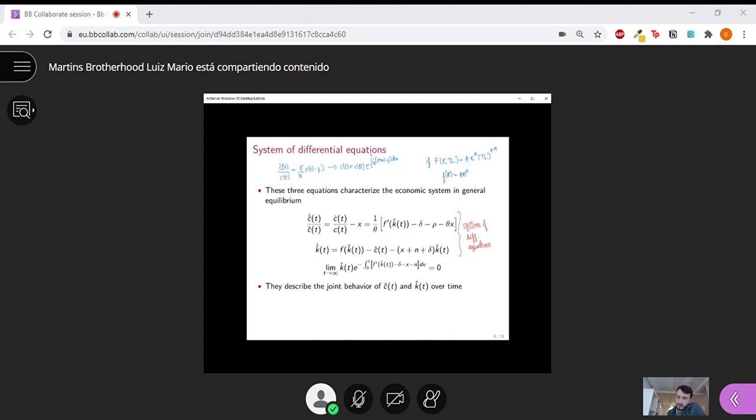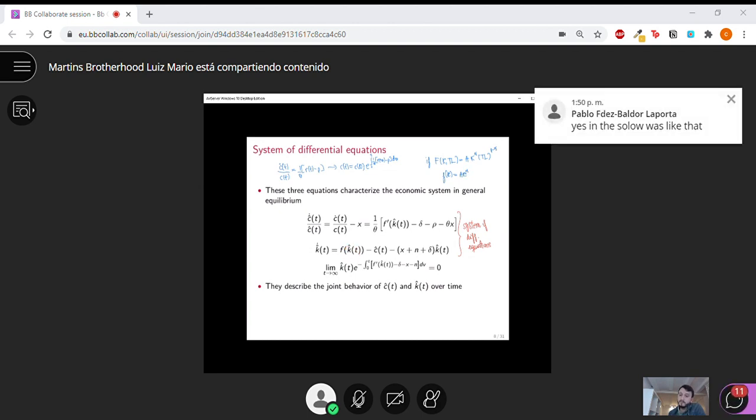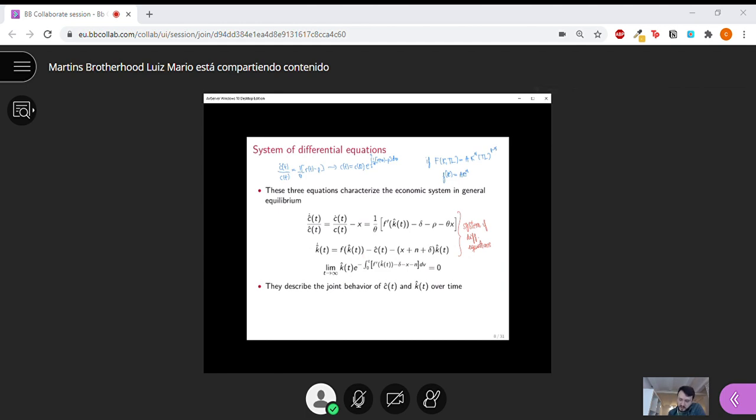So this will be k hat dot, and this will be a function of k hat to the power of alpha. Yes, Pablo, thanks. So my question is if this big A is still here.